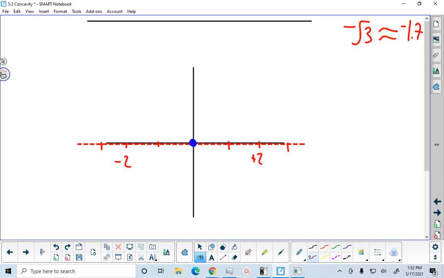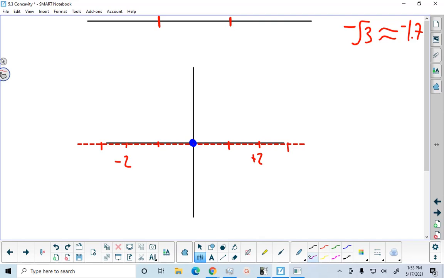As long as I've got all of the horizontal key numbers visible on my axes, I'm ready to go. Now what I'm also going to do at the top is mark off my critical values of x for the first derivative. Those are critical for the first derivative. We'll come back to that in a second.